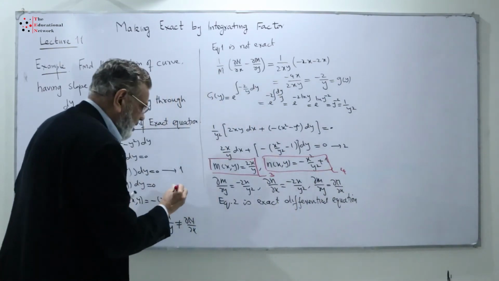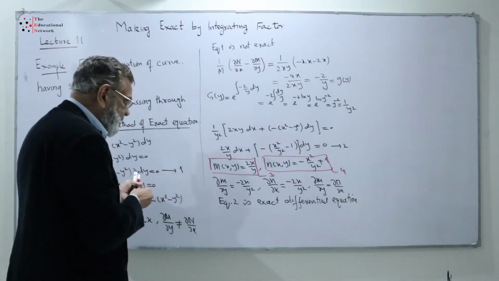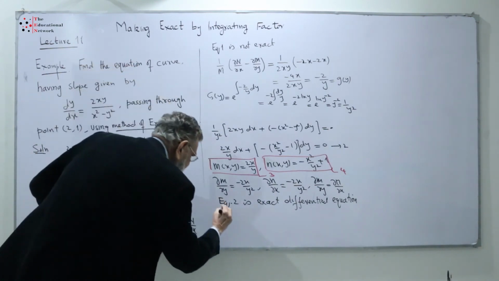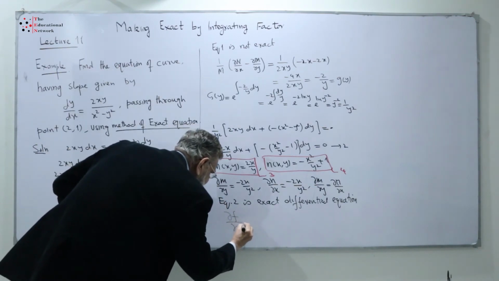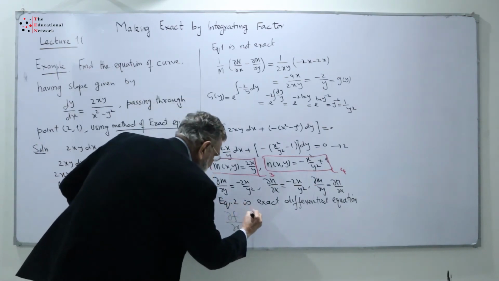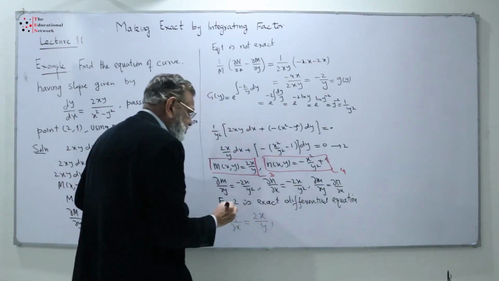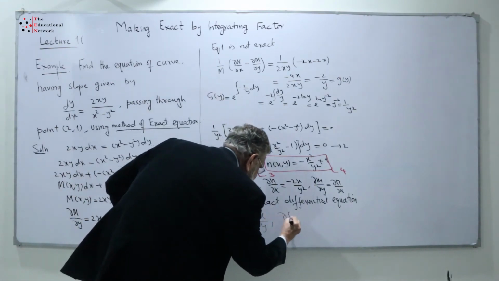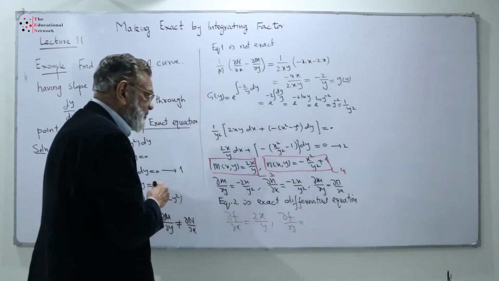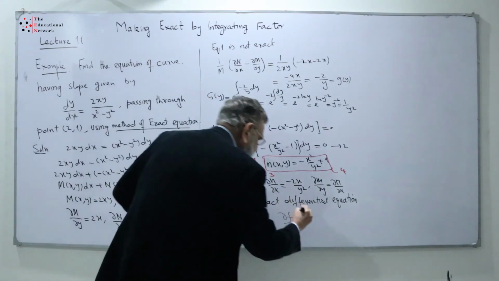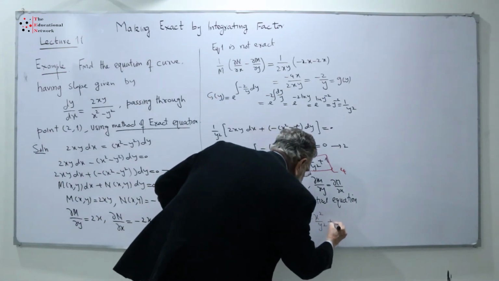So using this method, we can write partial f by partial x is equal to M(x,y), this is 2x over y, and partial f by partial y is equal to the value minus x square over y square plus 1.